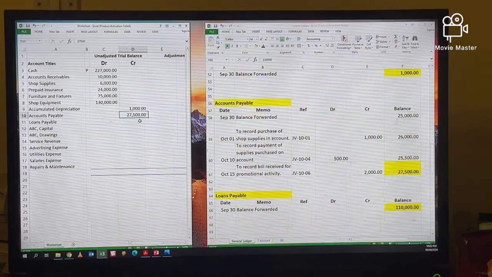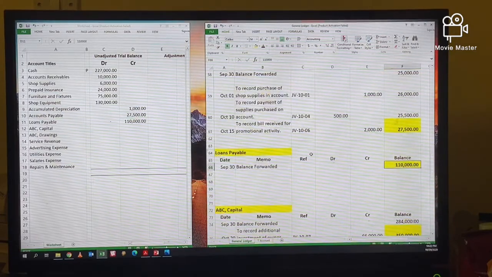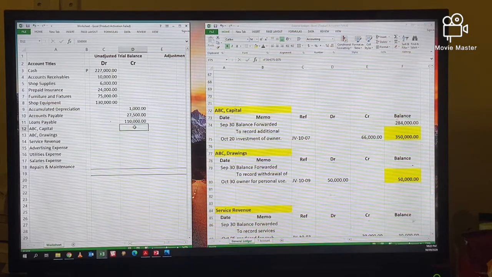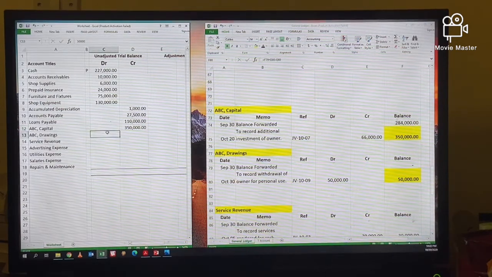Loans payable naman, ang normal balance again ng liability is credit, 110,000. Your ABC capital, okay, it's a credit balance of 350,000. Now, your drawing, since siya ay contra equity, ang normal balance niya kakontra kung anong normal nito, which is credit, kabaliktaran, so debit siya.